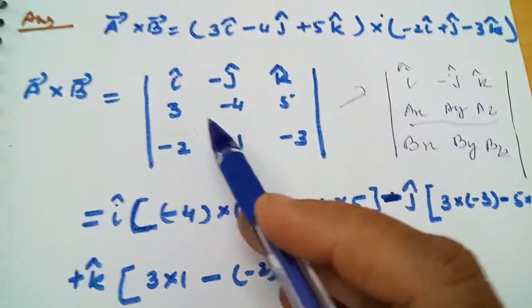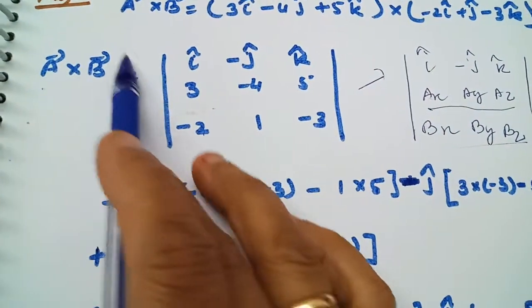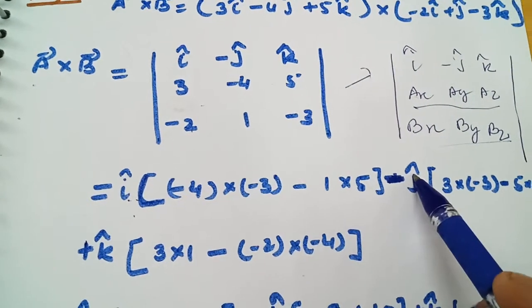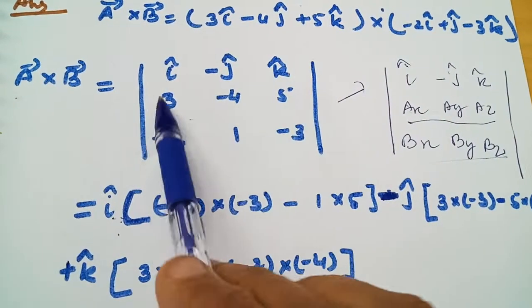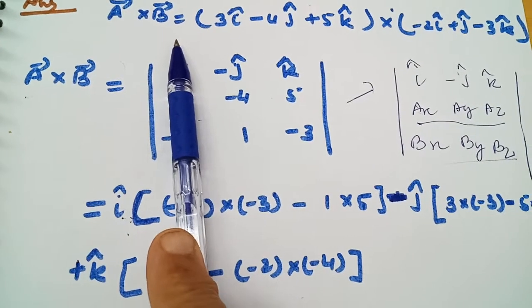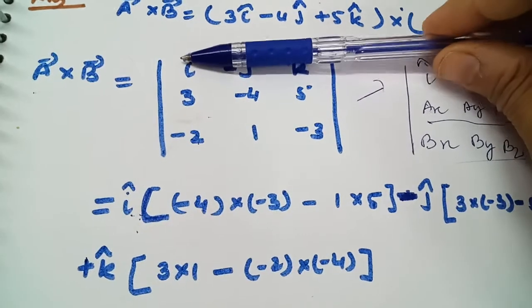Now first of all, you will write i cap, because this is also a vector, so it should come in the form of ijk. When you are taking i cap, you close the column in which i cap is there and this row.